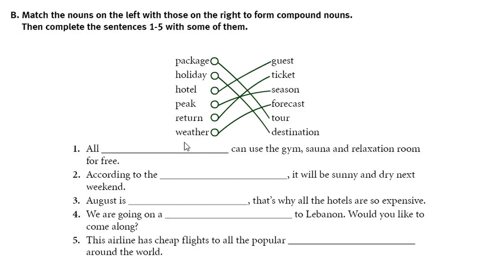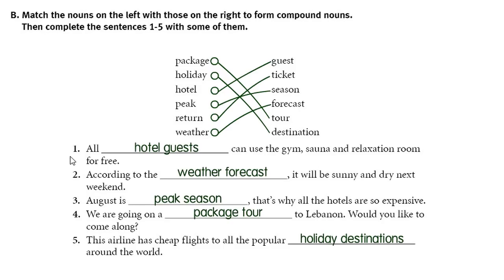The answers are: 1. All hotel guests can use the gym, sauna and relaxation room for free. 2. According to the weather forecast, it will be sunny and dry next weekend. 3. August is peak season.